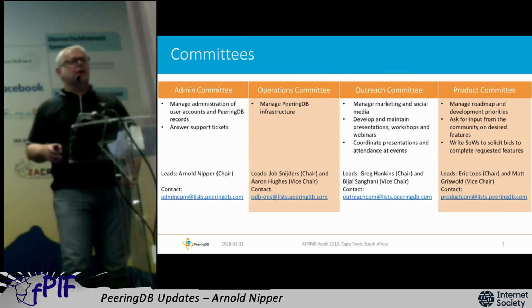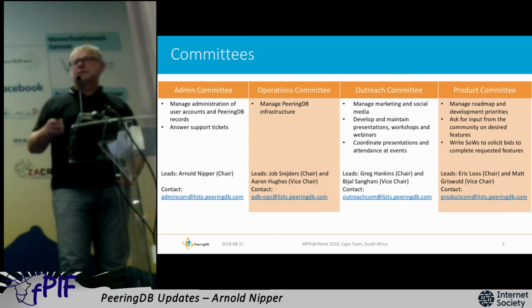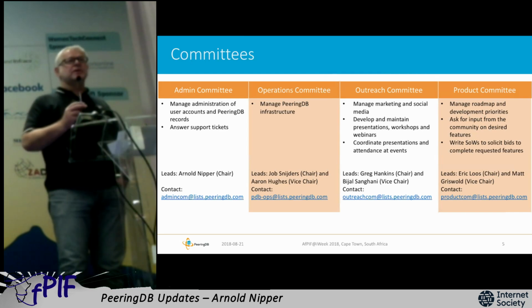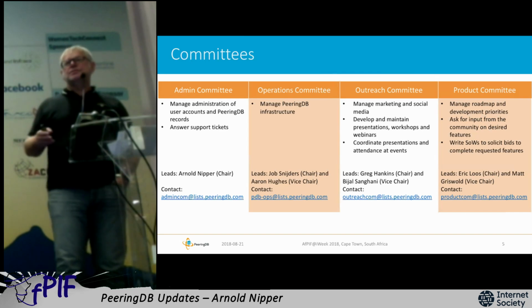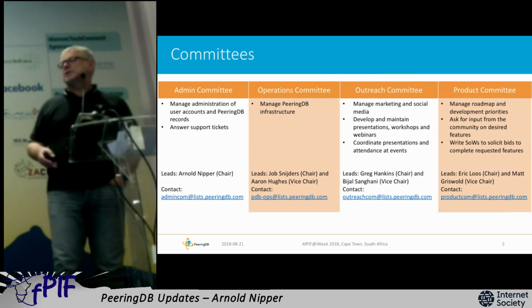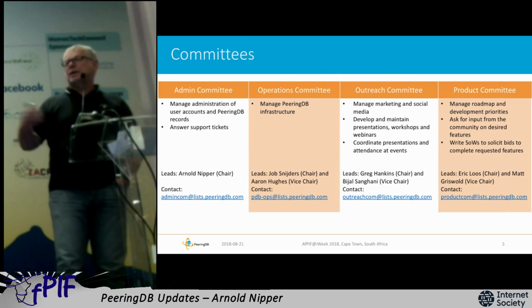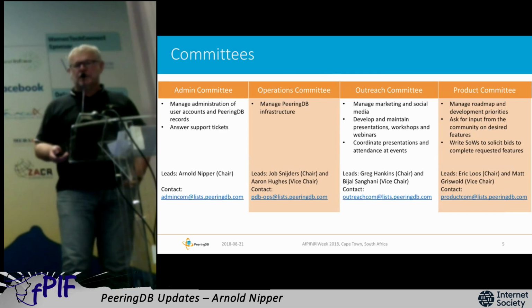Operations is the guys who run the infrastructure. The outreach committee takes care of events, produces the slides, and so on and so on. And the product committee really takes care of the development of PeeringDB. You as a user are able to give input, both to report bugs, as well as if you have feature requests, simply go to our GitHub, file an issue, and the product committee will take care of that.